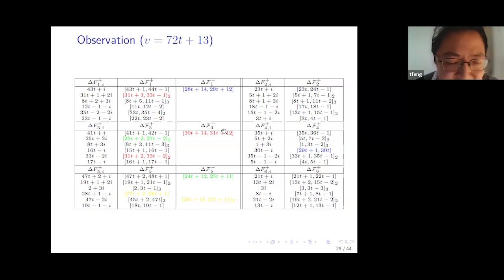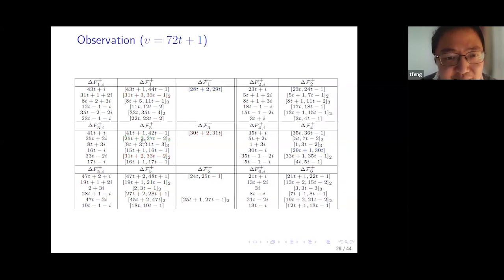A simple idea is, for example, this blue one is not good. So maybe we can use not 33 times t plus I. We can change it to another, maybe 33 plus I plus 2 or plus 3. I mean, we can do a little change on this value.